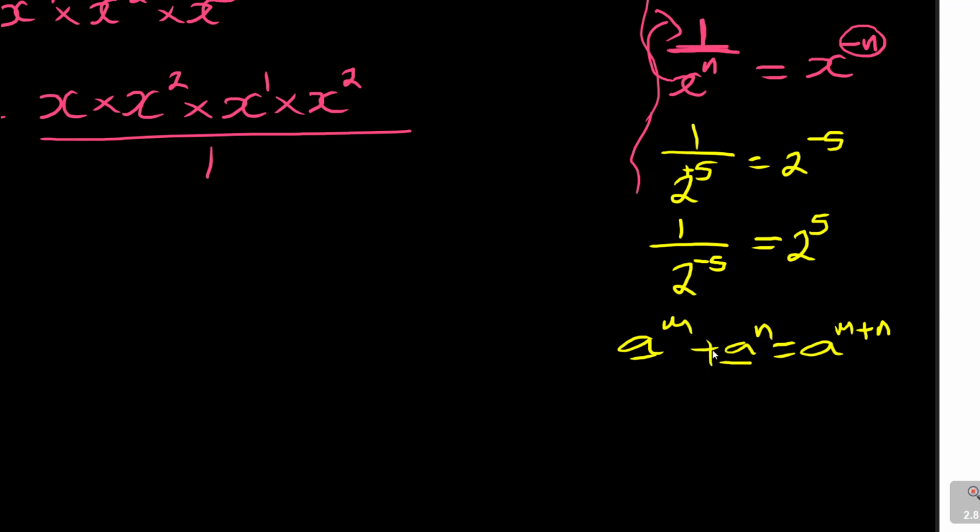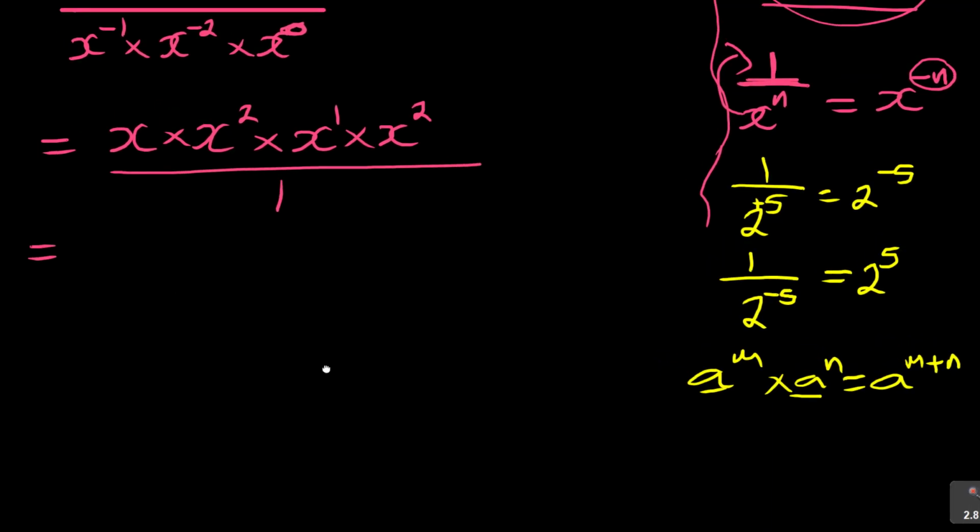Look, the times has become a plus. I want to take it back because this was not a plus. Let me rotate. You see, it's a times. So the times becomes the plus. That's what I wanted to show.